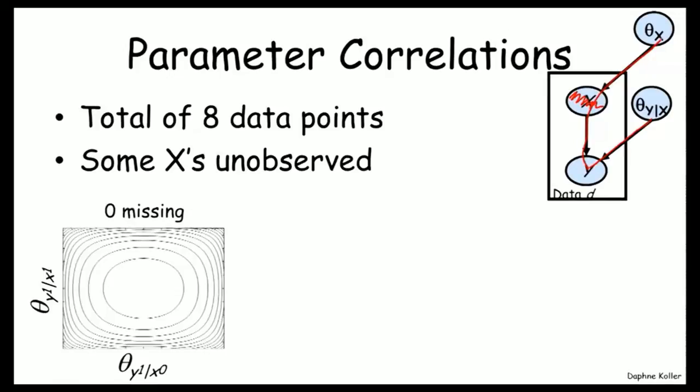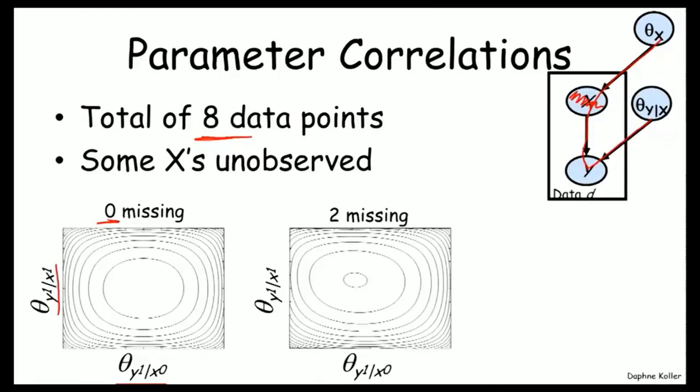And so what we're seeing here is actually the correlation between two entries in the CPD theta y given x. So over here we see theta y given x0, and here is theta y given x1. What you see here is the contour plot of the likelihood function. It has 8 data points and 0 missing measurements. And you can see that this is a nice product likelihood function with a nice peak in the middle, and there's no interaction between the two parameters.